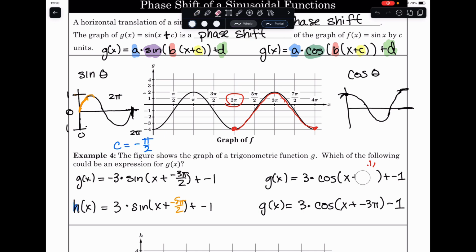So I could change this to plus negative 2 pi. And the only difference would be that the value of a would just have to be negative. That's all. Okay.